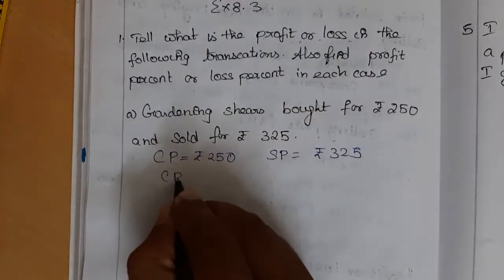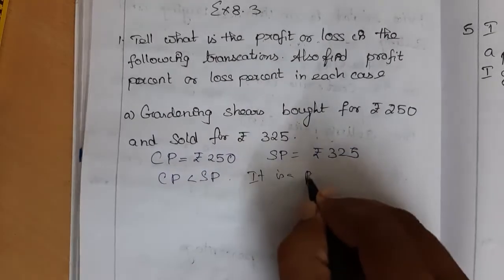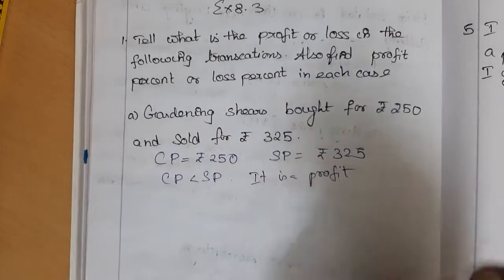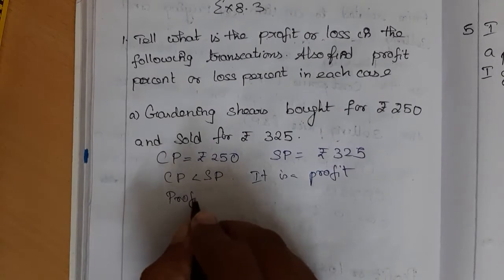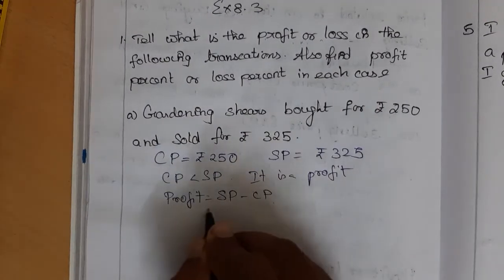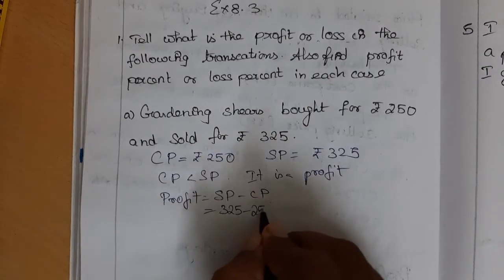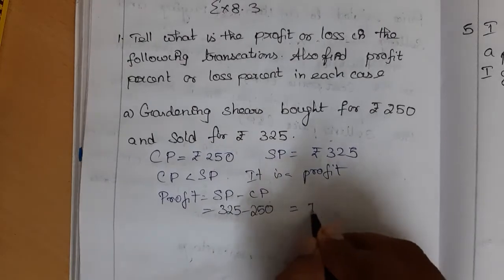Cost price is less than selling price, so it is a profit. The profit is selling price minus cost price: 325 minus 250, and the difference is 75.